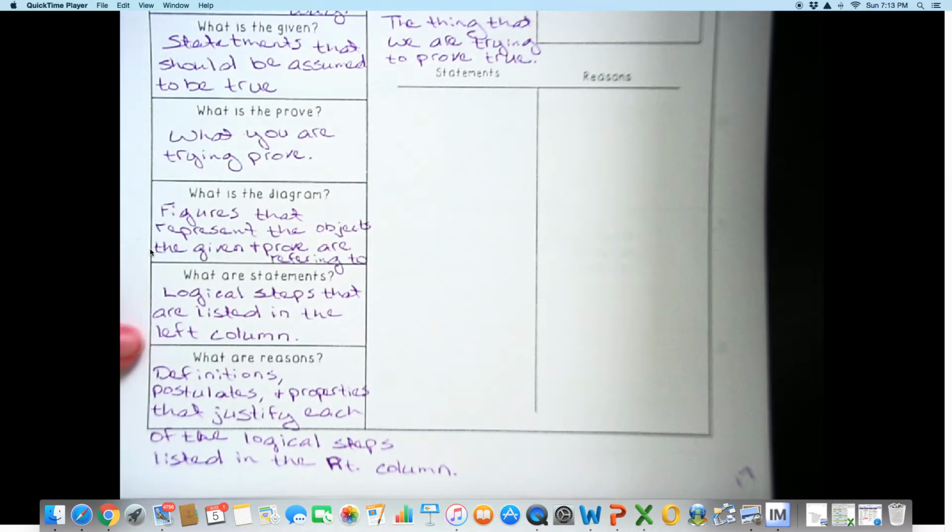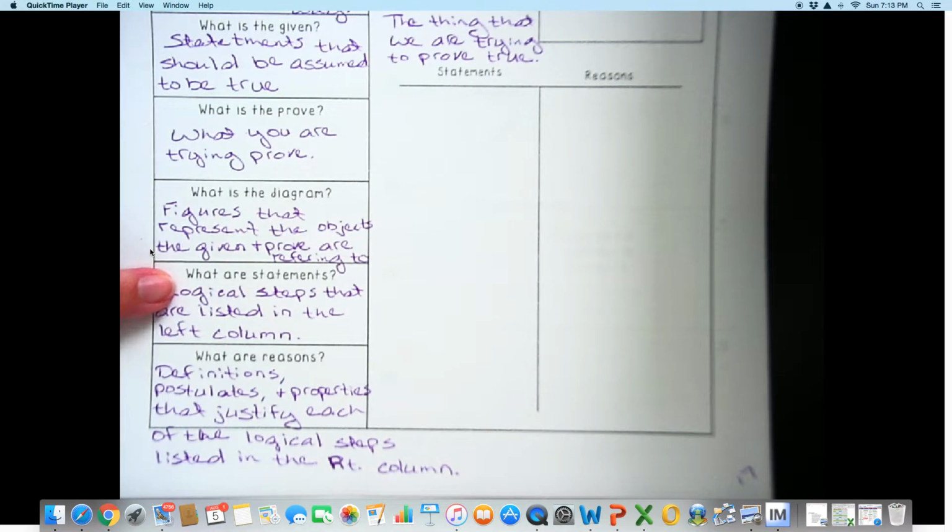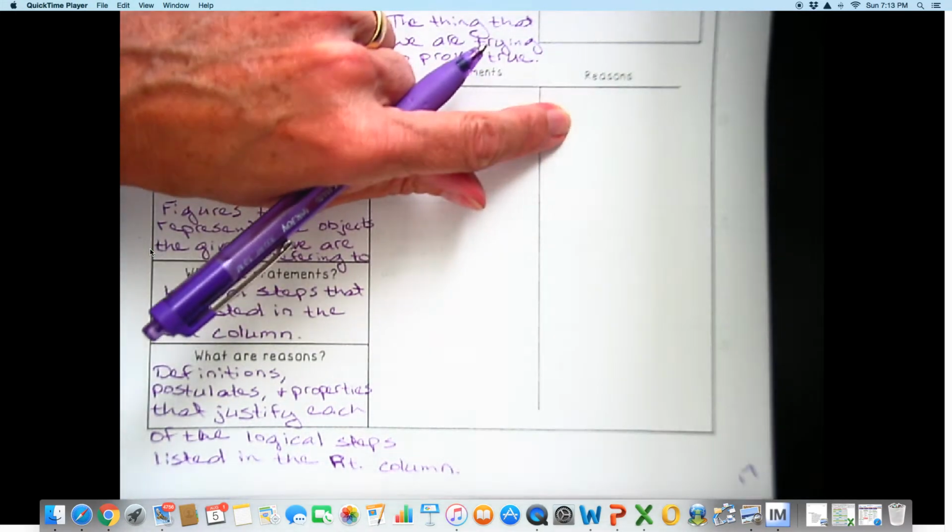Okay, so every statement has to have a reason. Everything we put in the left column has to have a reason that goes with it.